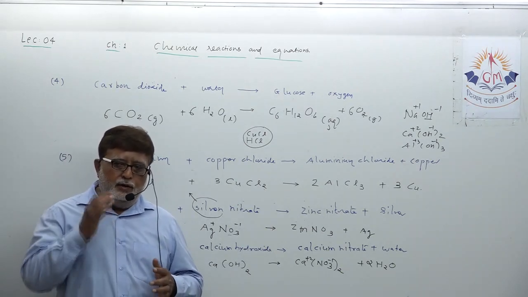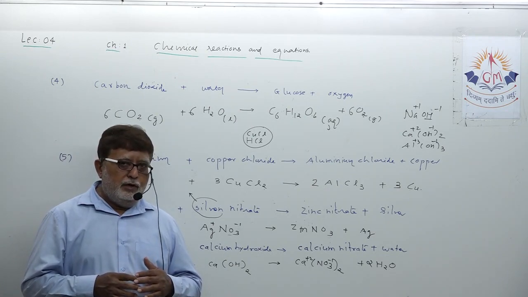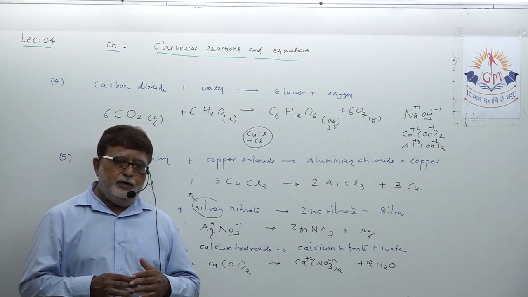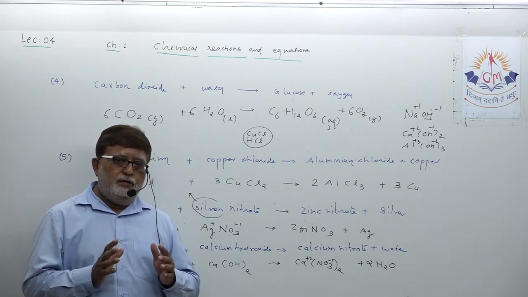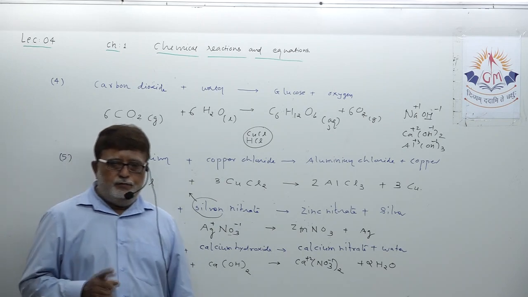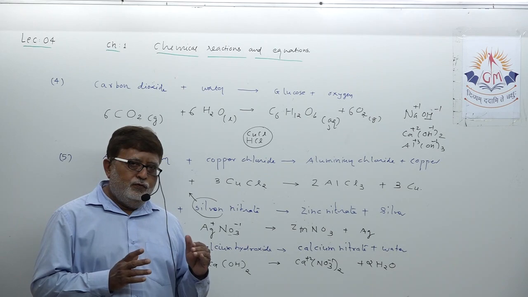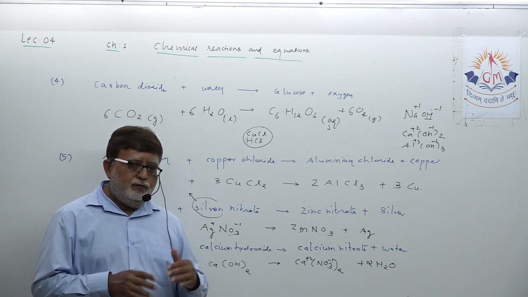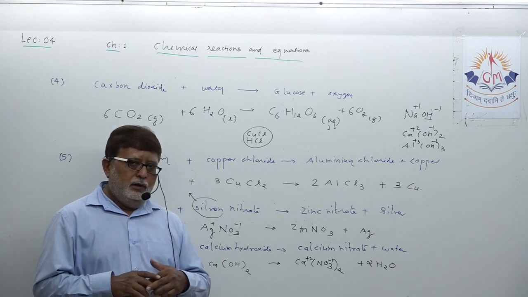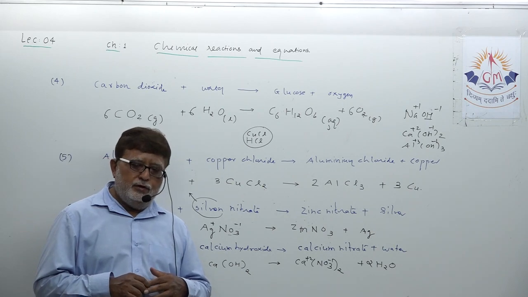We targeted balancing of chemical equations the most. For balancing, what is the basic requirement? Correct knowledge of symbols, correct knowledge of formulas, and for guessing the correct formula of the compound, you must have knowledge about the valency of the element. You understood this?